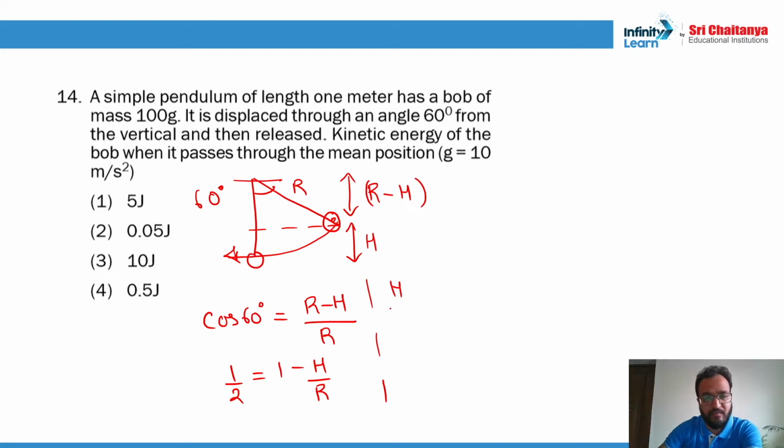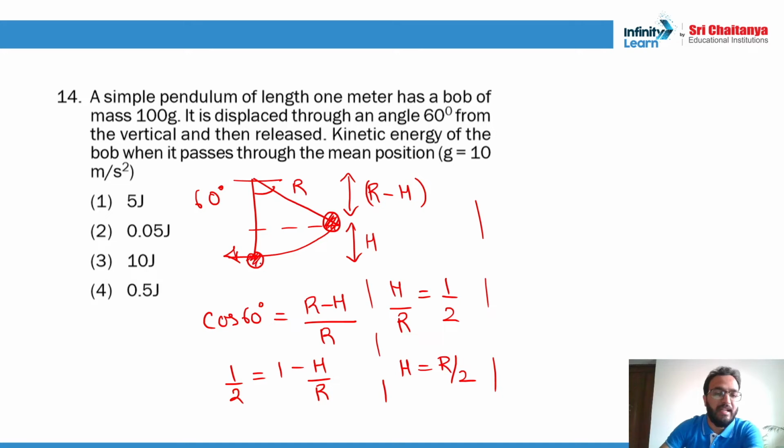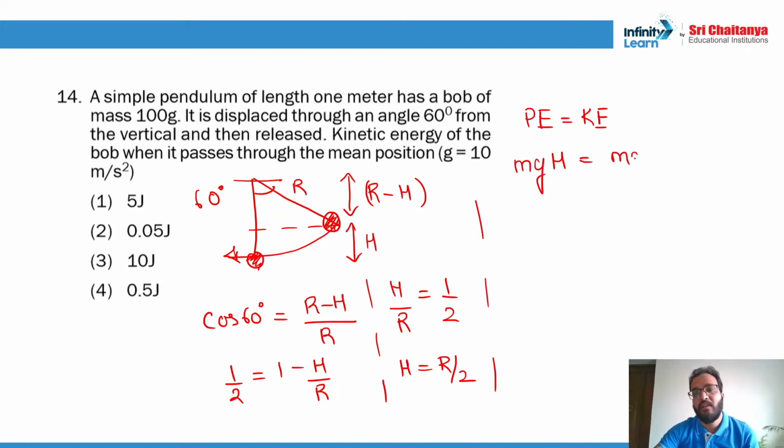So whatever is the potential energy here will be converted into kinetic energy here. So potential energy must be equal to kinetic energy. Potential energy is mgh, which is mgR by 2.